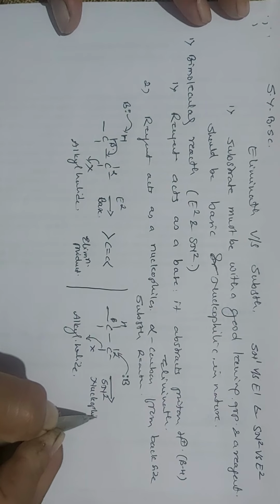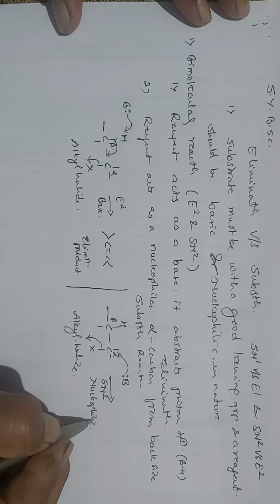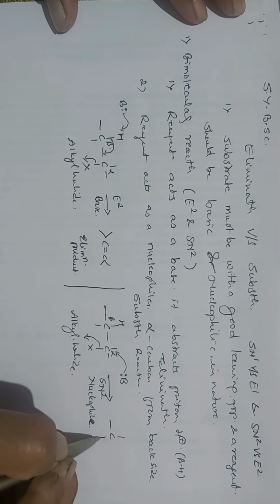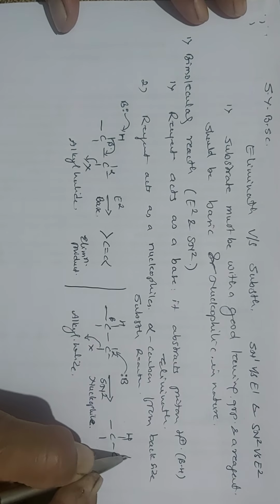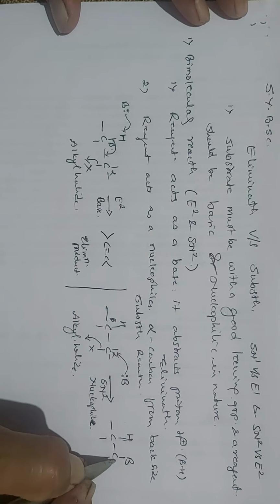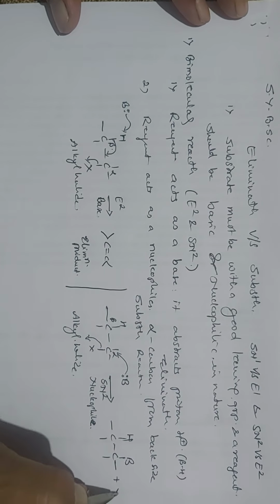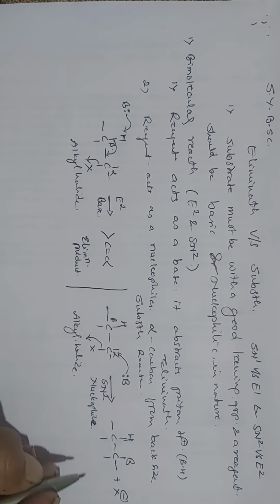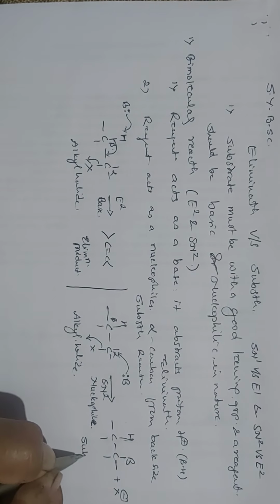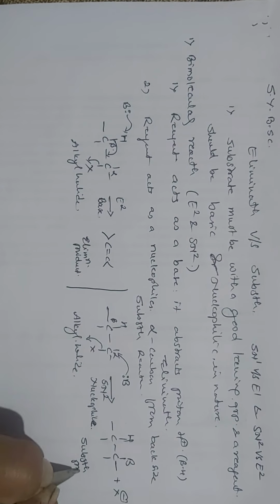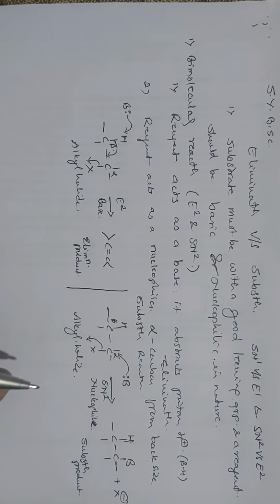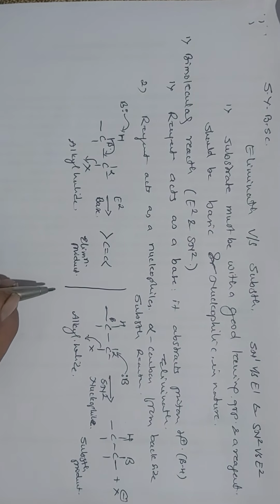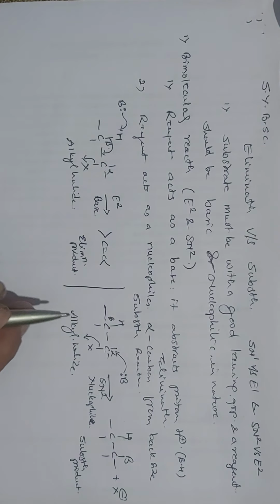The reagent acts as a nucleophile, donating the electron pair to an atom other than a proton, and so this is your substitution product. In this way, E2 and SN2 are competing with each other.